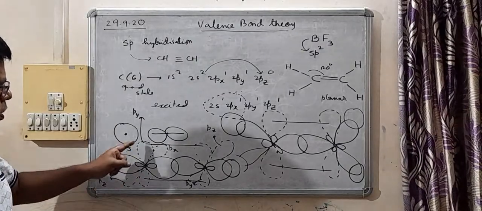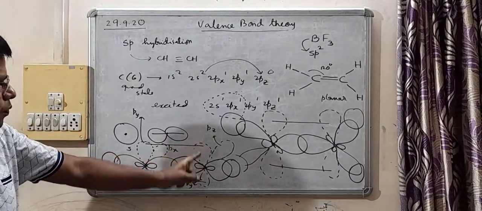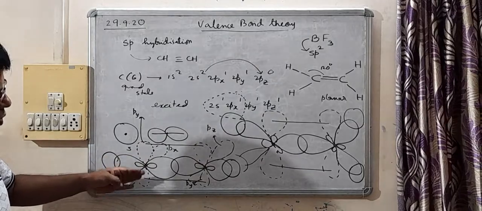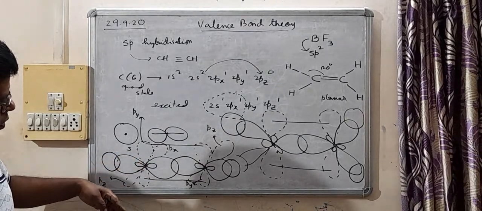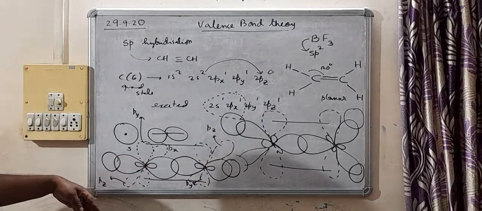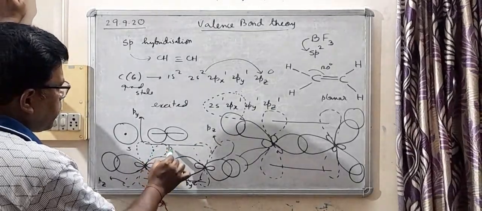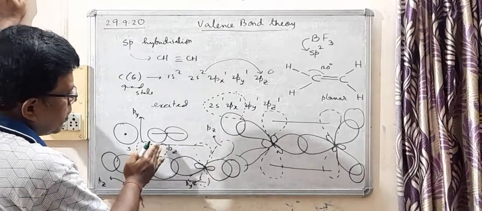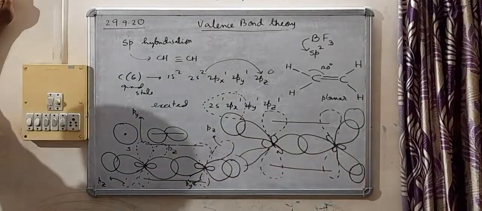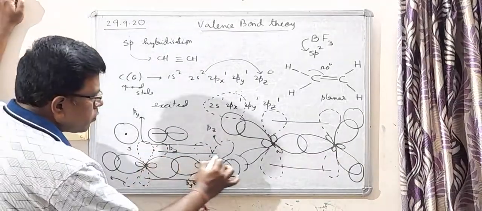Lateral overlap of py and py, and lateral overlap in this way of this one, it was pz. So lateral overlap of pz and pz will result in another pi bond.